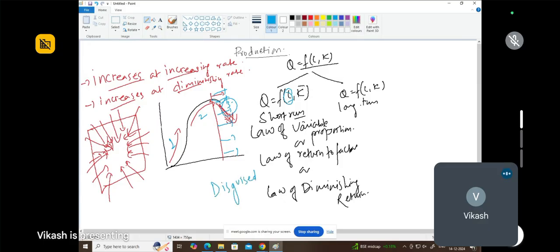Disguised unemployment. Bihar's case is exactly this case. When in an agricultural field they put labor inputs, but up to certain numbers they don't require labor inputs. With the available field they are able to maximize.